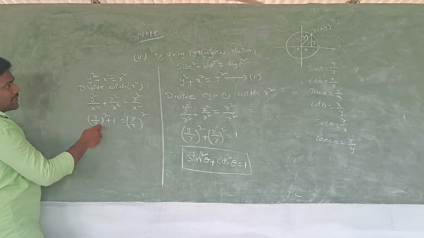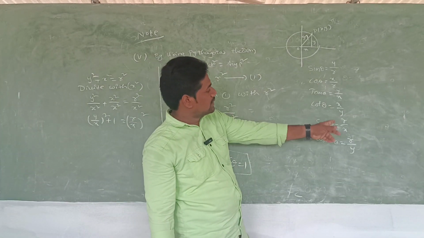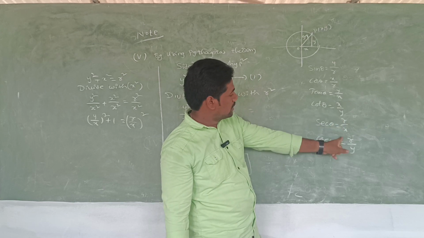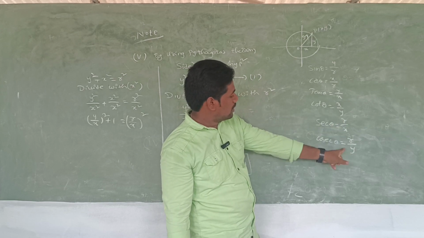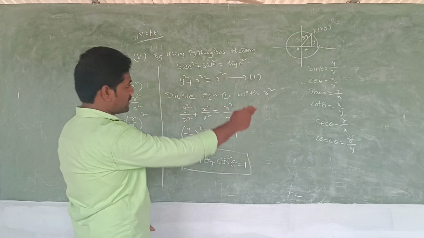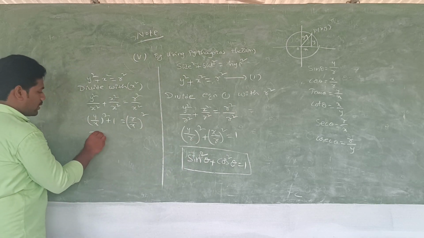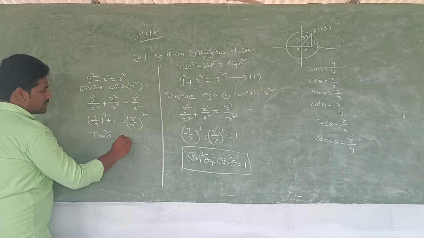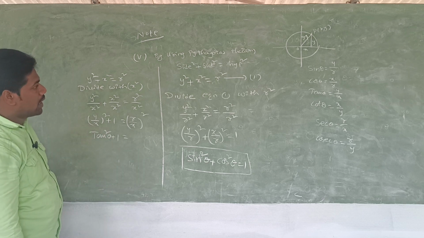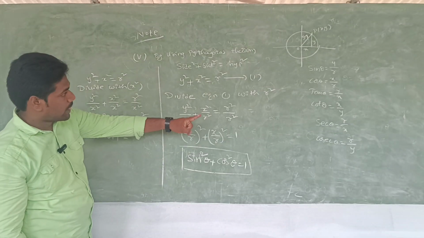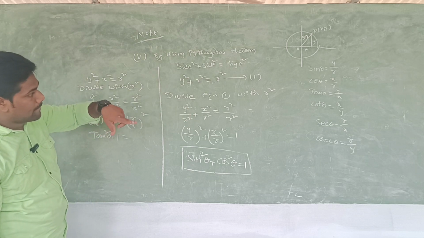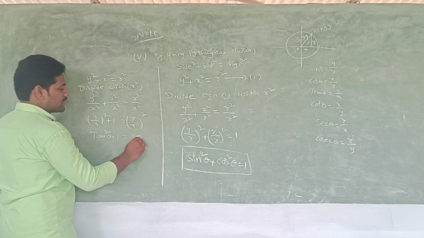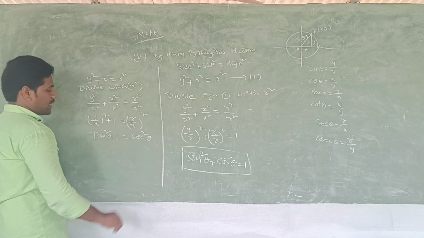Now, y by x can be written as what? In the basics, y by x is tan theta, so we get tan square theta plus 1 is equal to r by x whole square. What is r by x? Secant theta, so secant square theta.